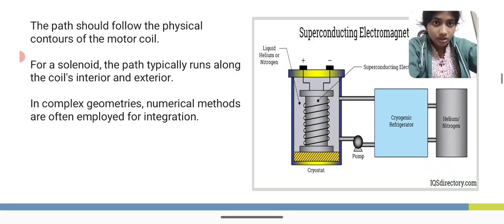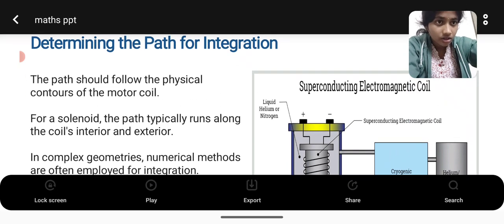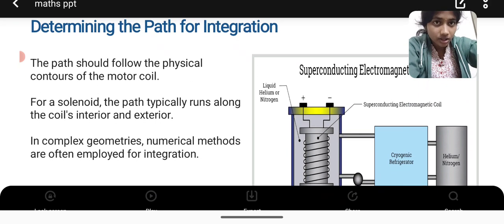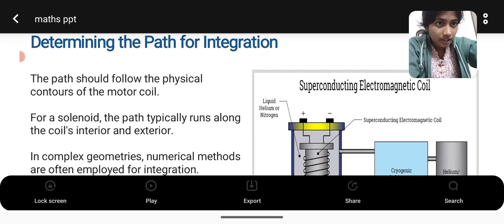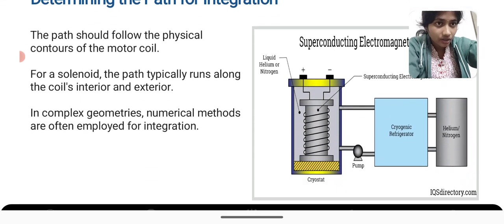In complex cases, numerical methods are often employed for integration. This is the relevant image for determining the path for integration. Superconducting electromagnetic coil.